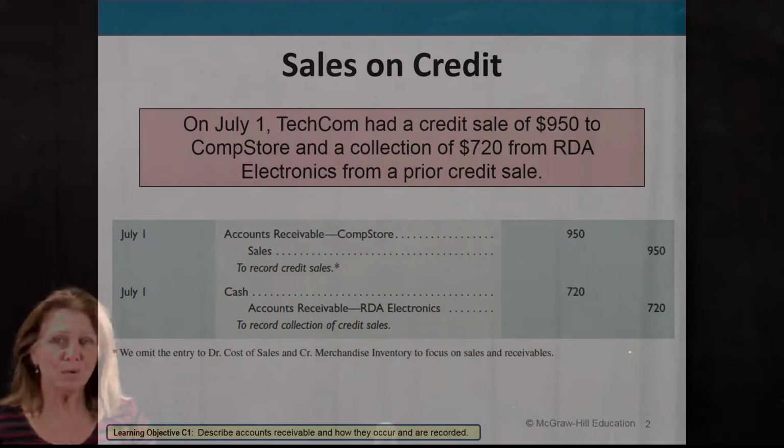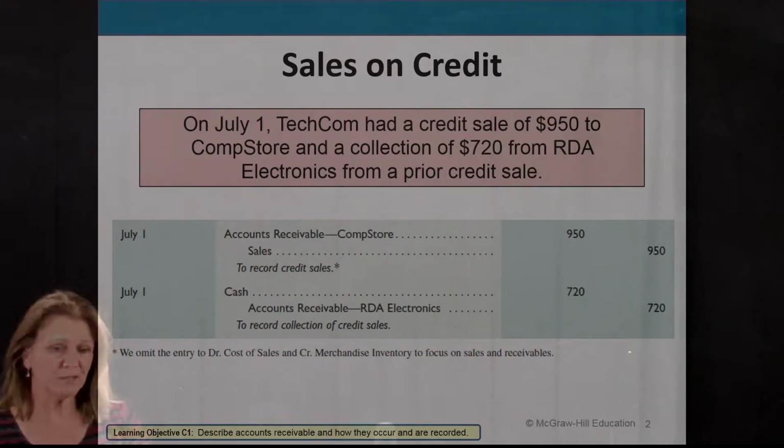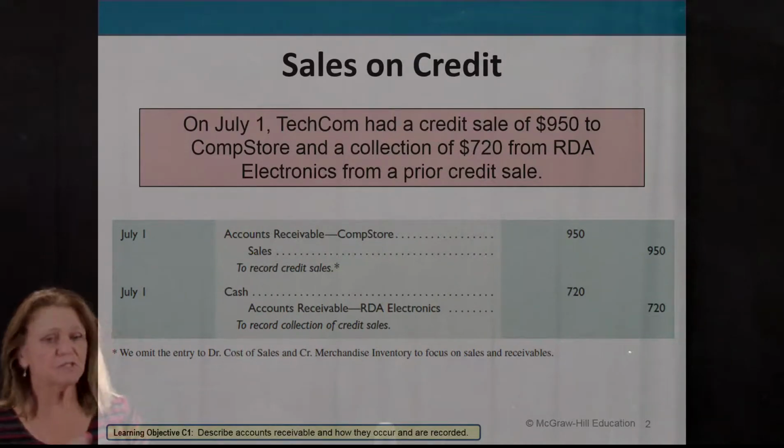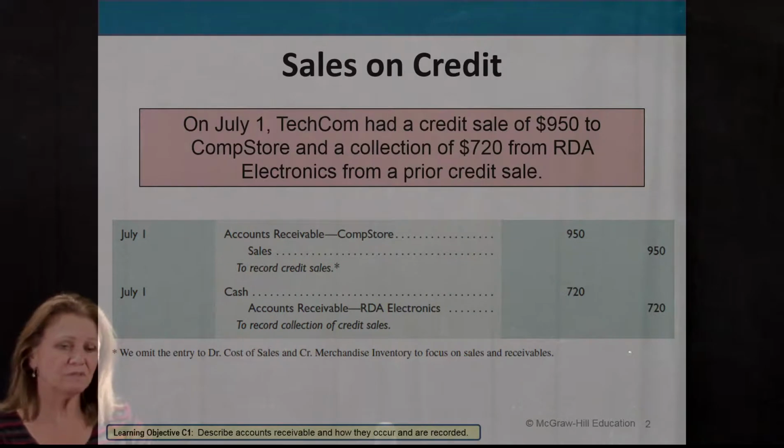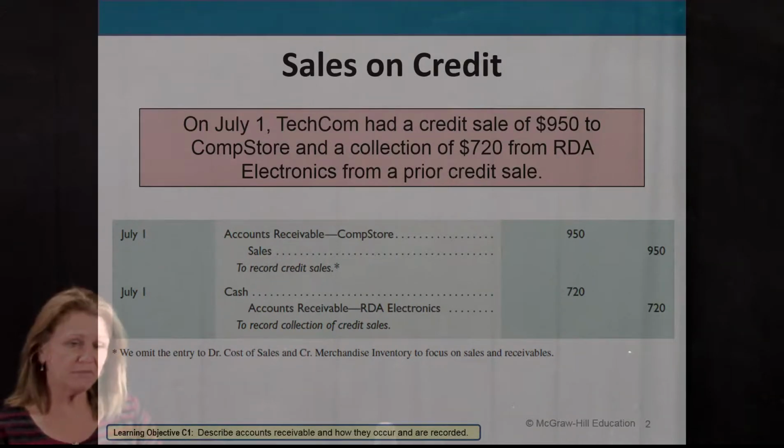So you know how to do journal entries for accounts receivable. July 1st, debit accounts receivable, CompStore, credit sales for $950. Also, on July 1st, we received payment from RDA Electronics. So we have a debit of cash and a credit of accounts receivable.